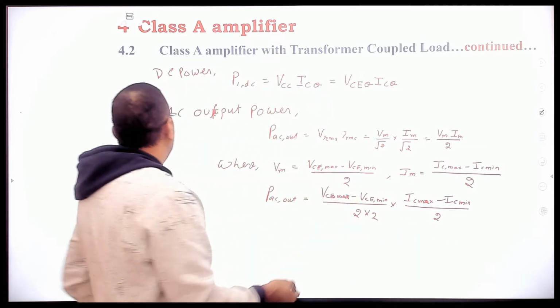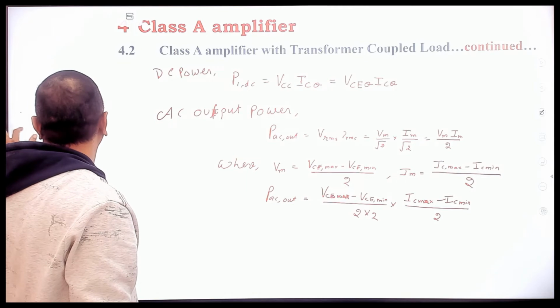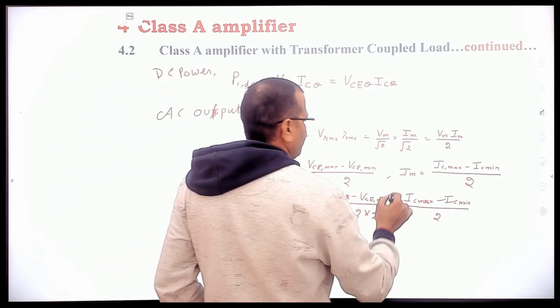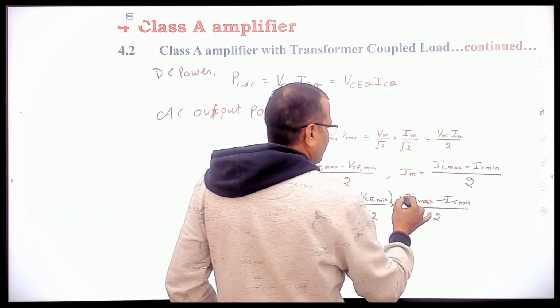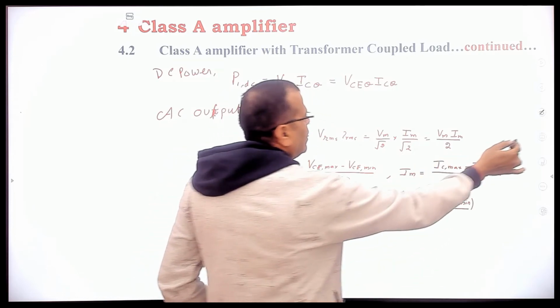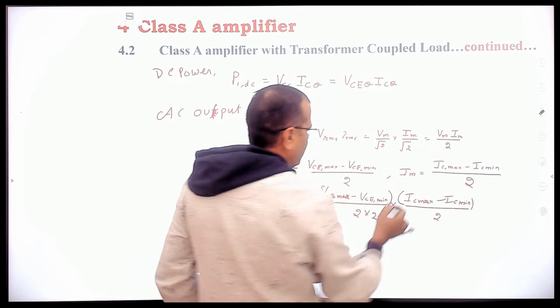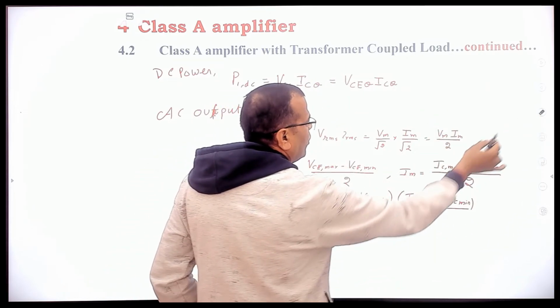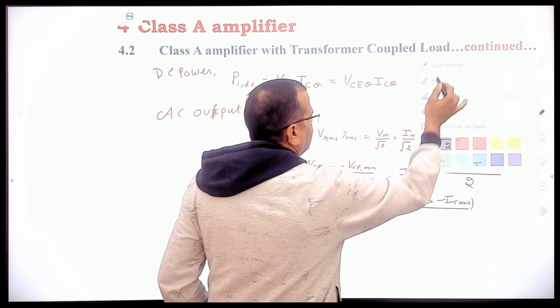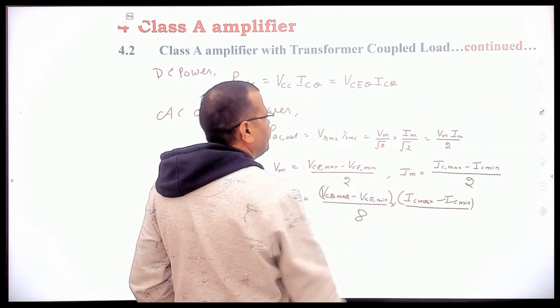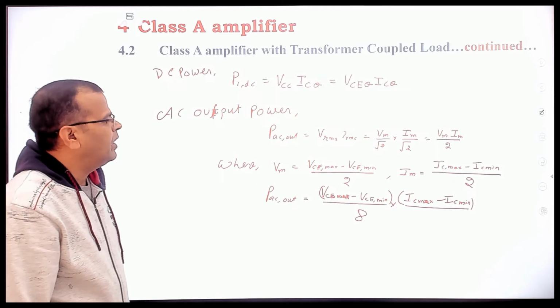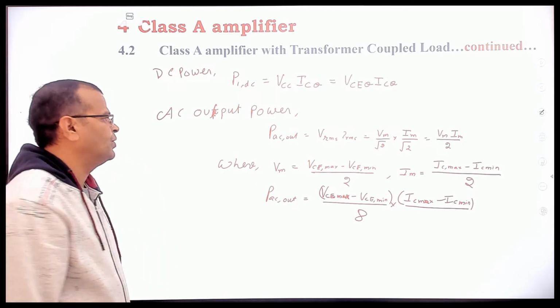Or you can simply modify this equation and write it like this. Put it in brackets, and the complete denominator can be replaced by 8. That's it. Fine. That is the AC power output, right?